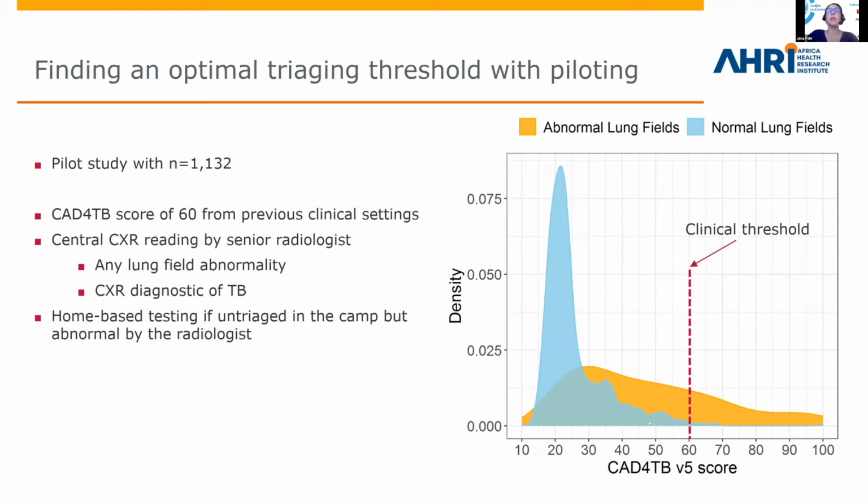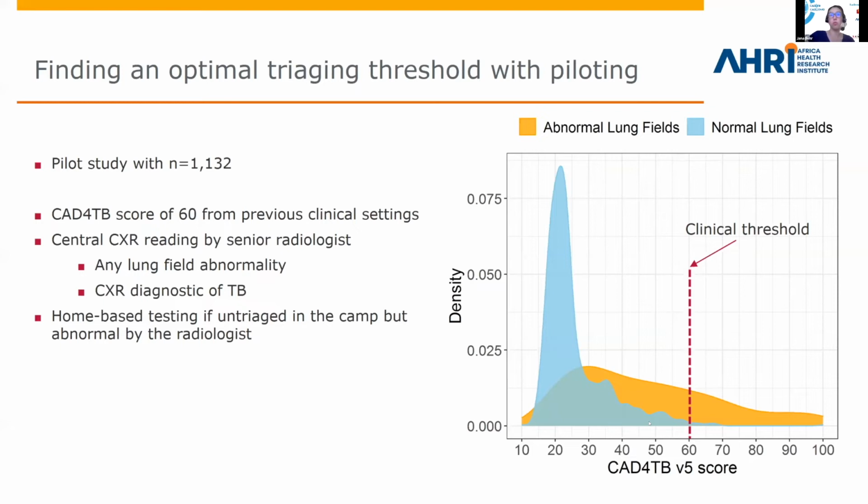At the end of the pilot, they compared the CAD scores to what the radiologist indicated as normal or abnormal chest X-ray. As you can see on this chart, there were many chest X-rays that had a CAD4TB version 5 score below 60 that were rated as abnormal by the senior radiologist.